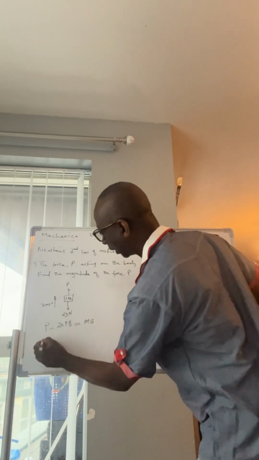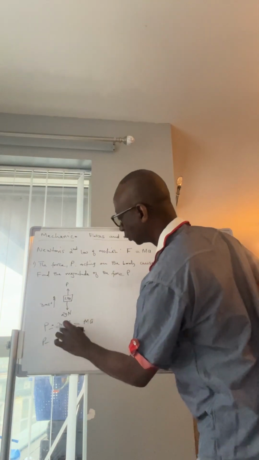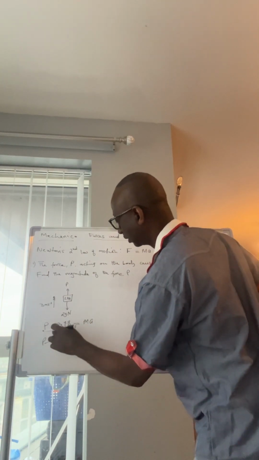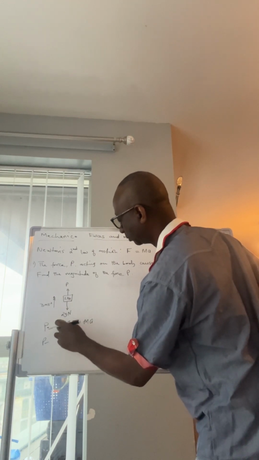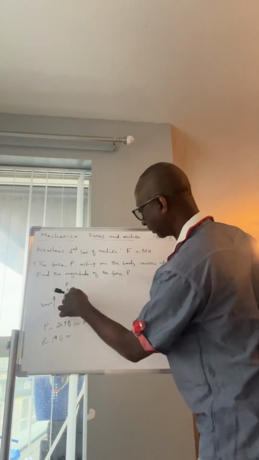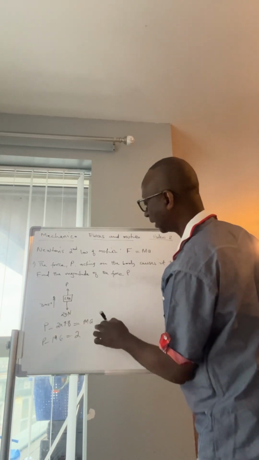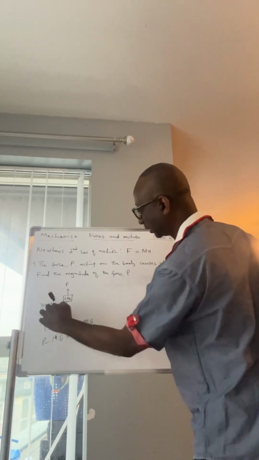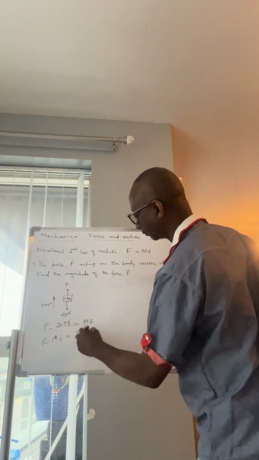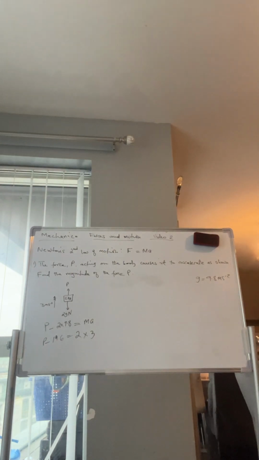So you have P minus 2 times 9.8, 2 times 8 is 16, 2 times 9 is 18, plus 1, 19.6, equals the mass, which we know is 2 kilograms, times the acceleration of the body given to us here, which is 3 meters per second squared. So that's what you have.